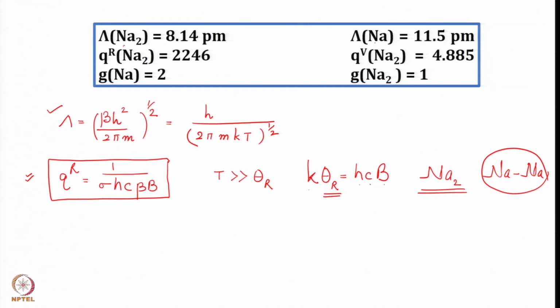Therefore, in one complete rotation, the same state will appear twice. That means sigma in this case is equal to 2. You know the Planck's constant, speed of light, beta is 1 over kT and B is given to you. Once you substitute this, you will see that you get a QR value of 2246.